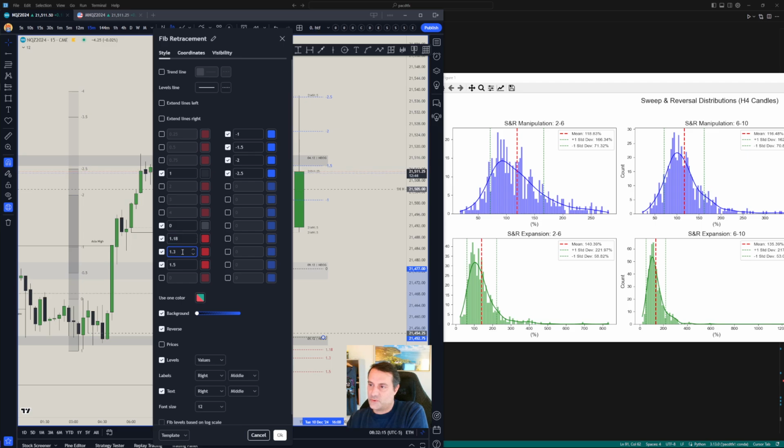The value that we want to put in is 71, and then maximum 1.0, 6, 6, 4. All right, and then for the expansion, we have them there.